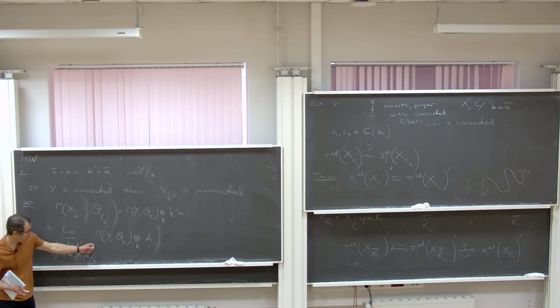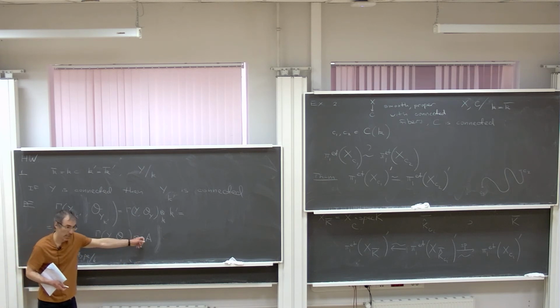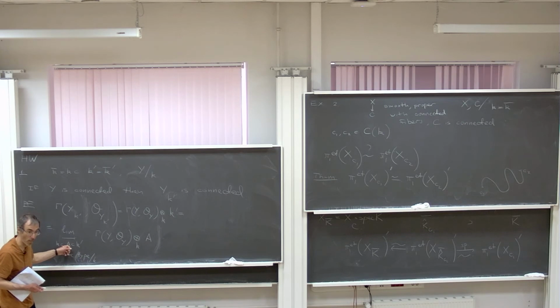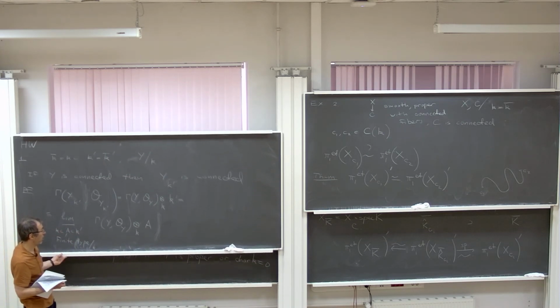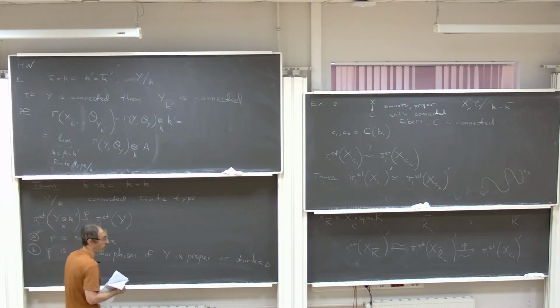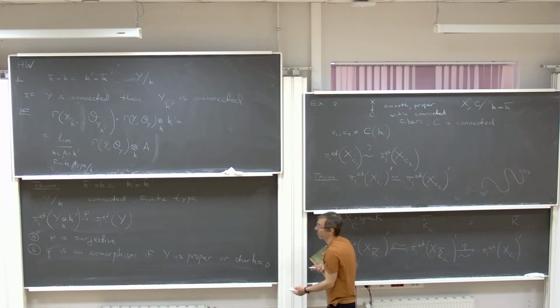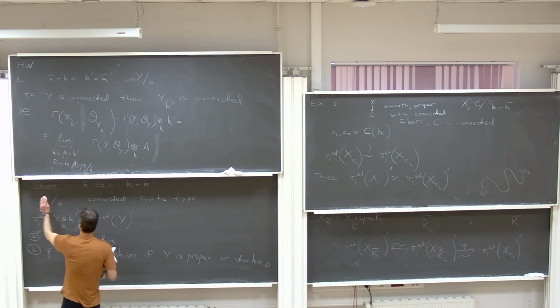And these are just functions on Y times Spec of A. And A is a domain because it's a subalgebra of a field. So therefore we reduce to showing that the product of two connected varieties over an algebraically closed field is itself connected.